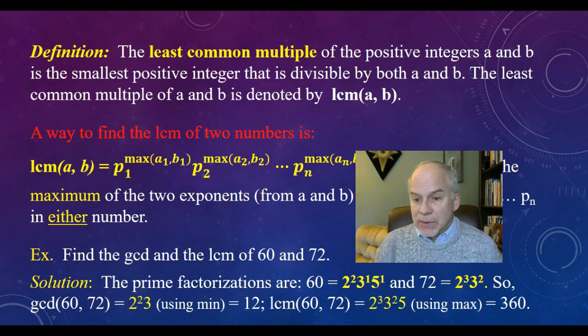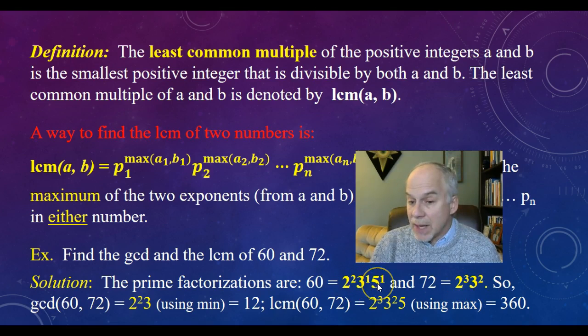Now, it seems strange, but with the greatest common divisor, you're taking the minimum of the exponents of the primes that are in both numbers. So it has to be prime numbers that are in both prime factorizations, and the only primes in both are 2 and 3.